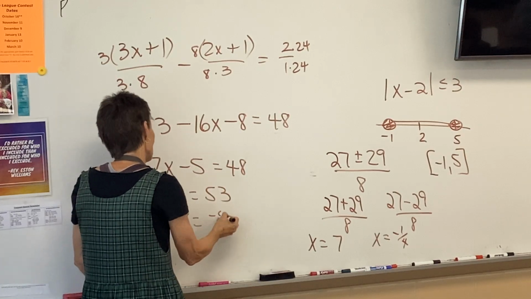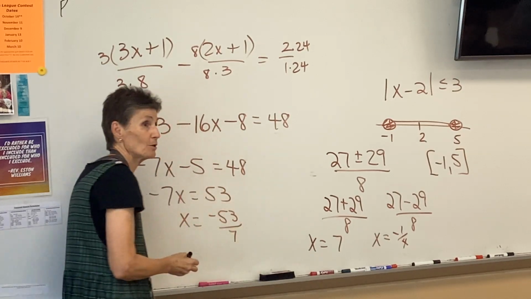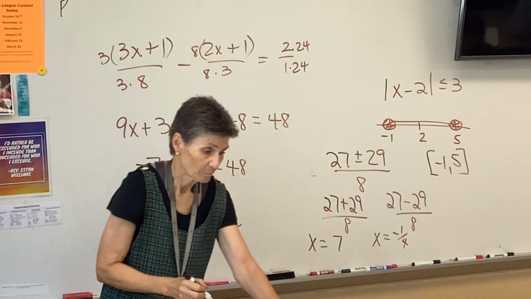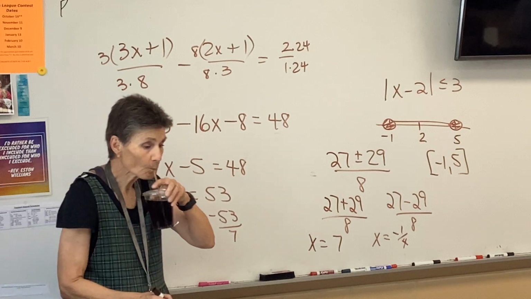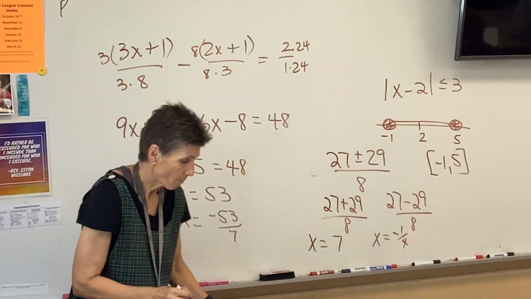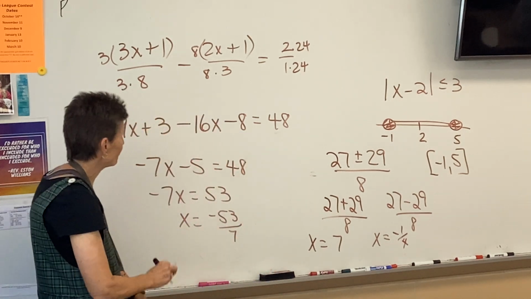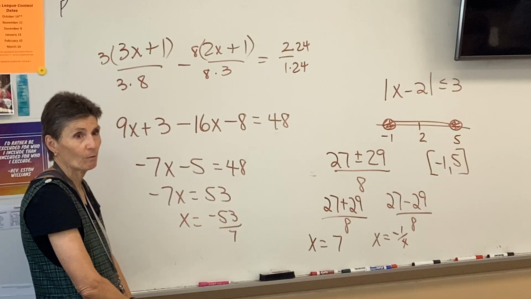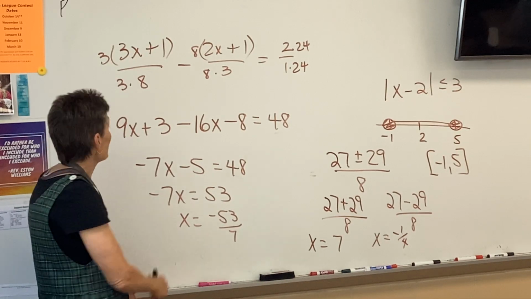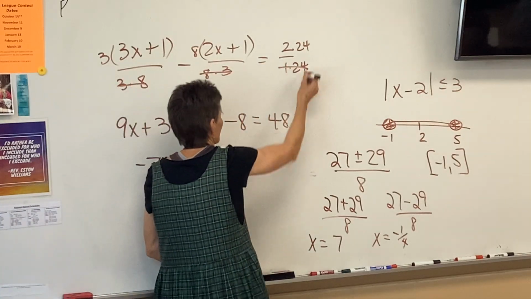And I got -53/7. What about you? I thought it'd be 48 over 24. Would it not be? You thought what would be 48 over 24? The top one? Yeah, but remember, once all the denominators are the same, I get rid of them.